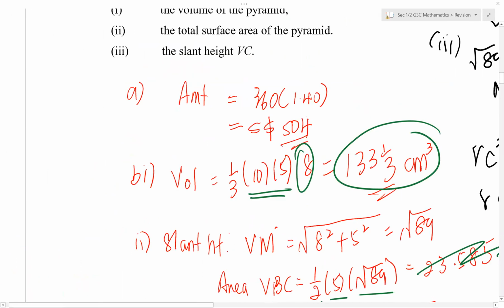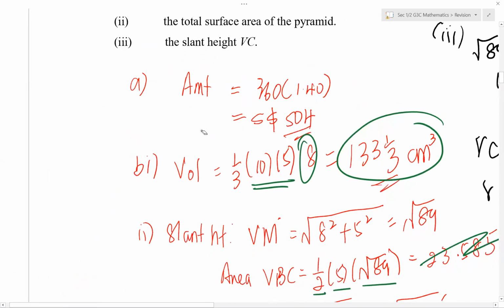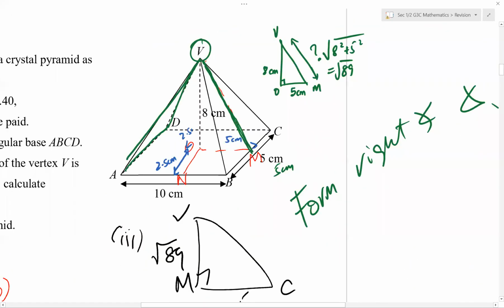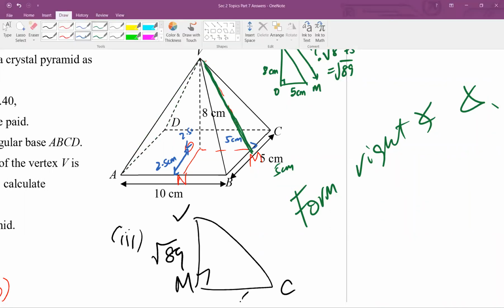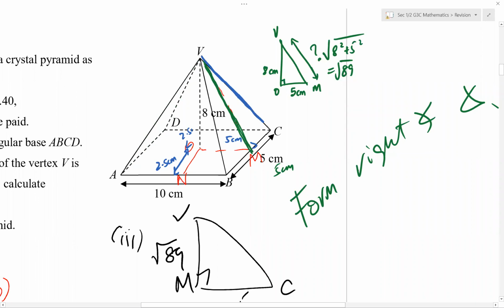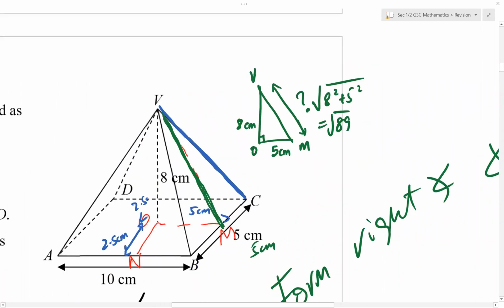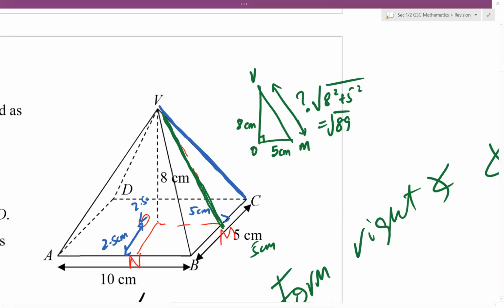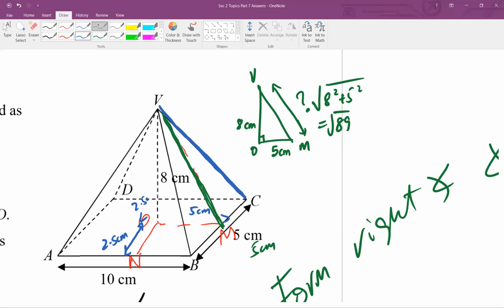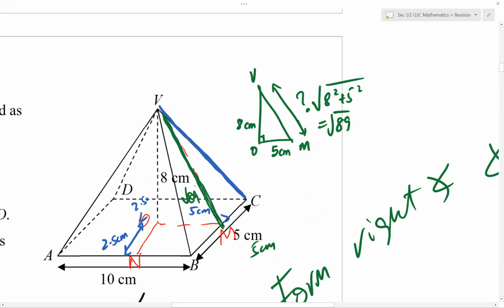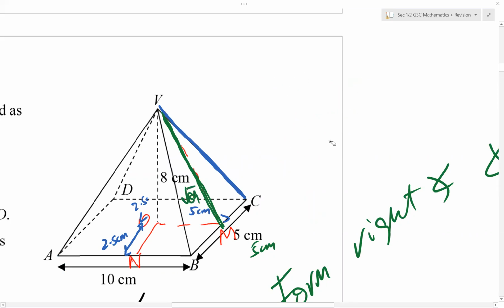So then the remaining one is the slant height BC. To find out this distance, using blue again, VC, and knowing that this green color line has a value of square root 89, we can form another right angle triangle.